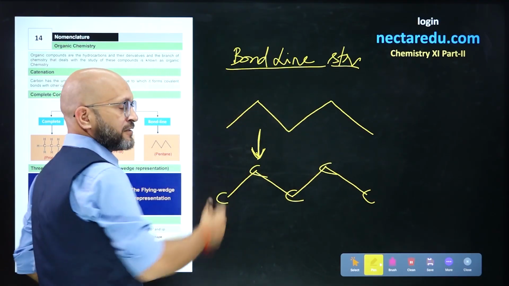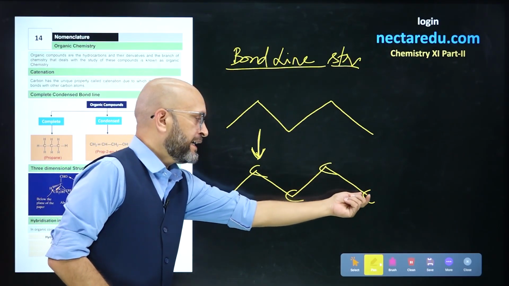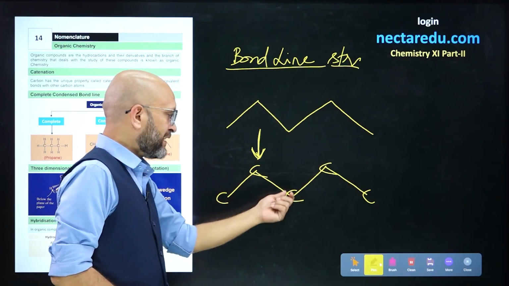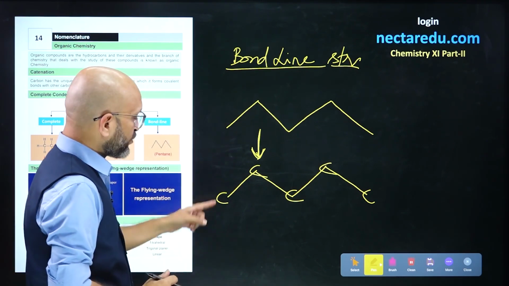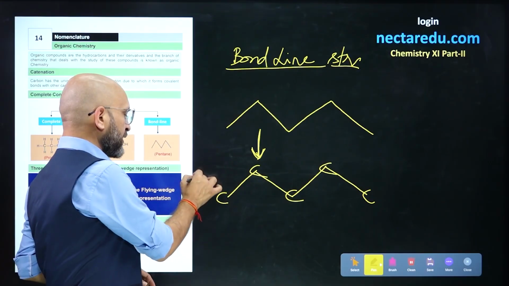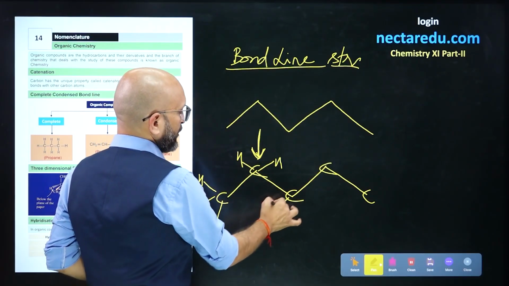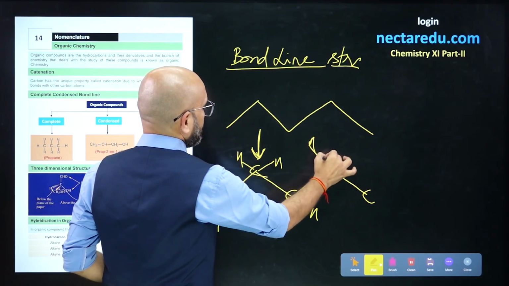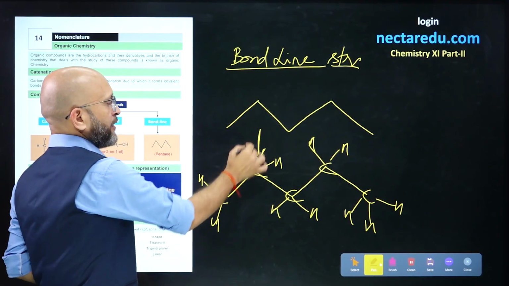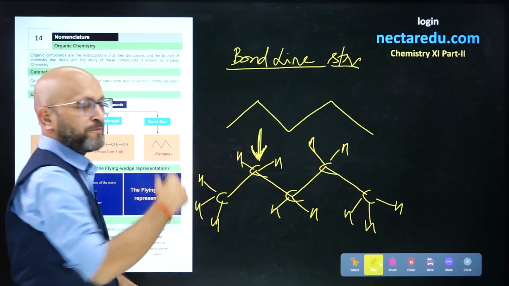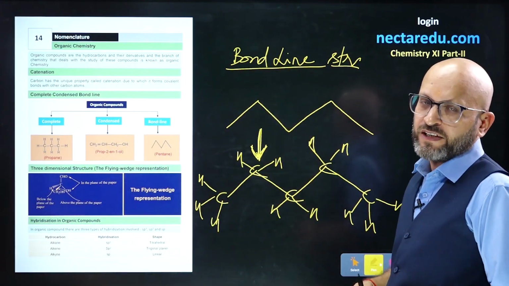This means at each bend, at the start we have carbon, at the end we have carbon, at each junction we have carbon, and each carbon must have 4 bonds. So one bond is formed between carbons, the remaining 3 bonds are formed with hydrogen, and the remaining 2 bonds are formed with hydrogen. So each carbon must have in total 4 bonds. This structure means pentane. If I stretch it like this, you will see the structure we have studied prior to this.